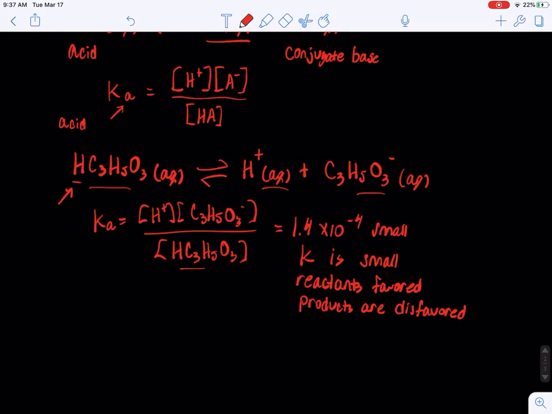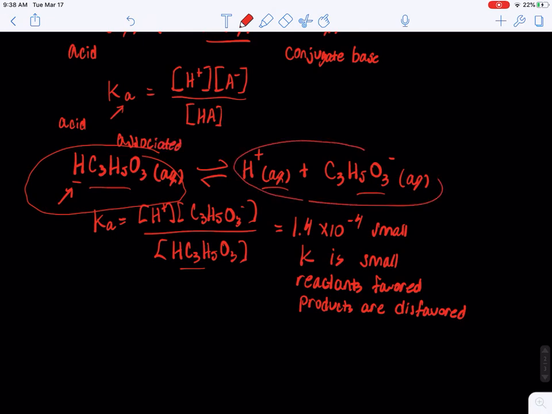And in a solution of lactic acid, whether it's 1 molar or 0.1 molar, you're going to have mostly associated molecules. Okay? And very few ionized molecules. They're called ionized because they're ions. And the percent ionization might be 5, 6, 10% or something.